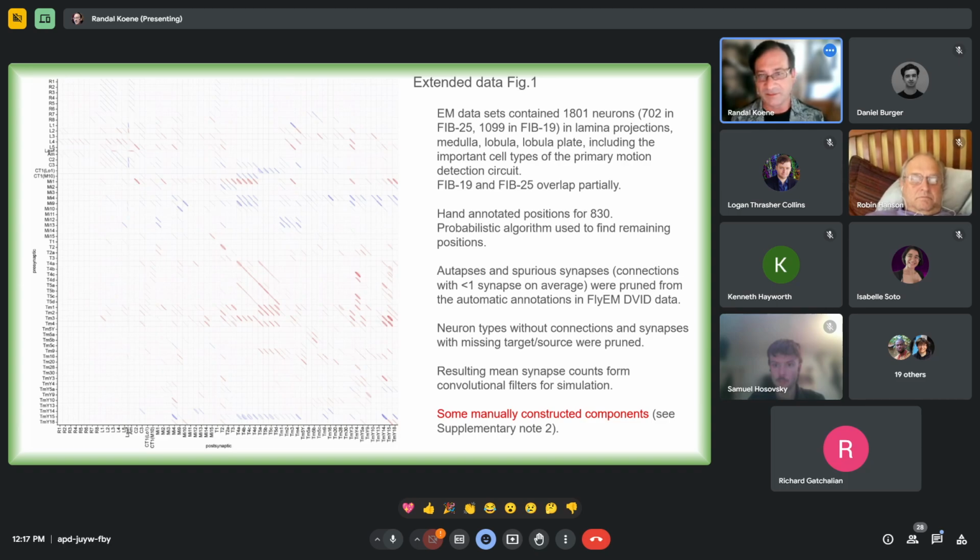The data sets, FIB19 and FIB25, overlap partially, and that was useful for their automated method that they used to complete those position annotations, which used a leave-some-out method for validation and for checking the reliability of multiple iterations of those automatic annotations that relied on connection statistics, projected synapse center of mass clusters, and existing annotations that were used as reference points.